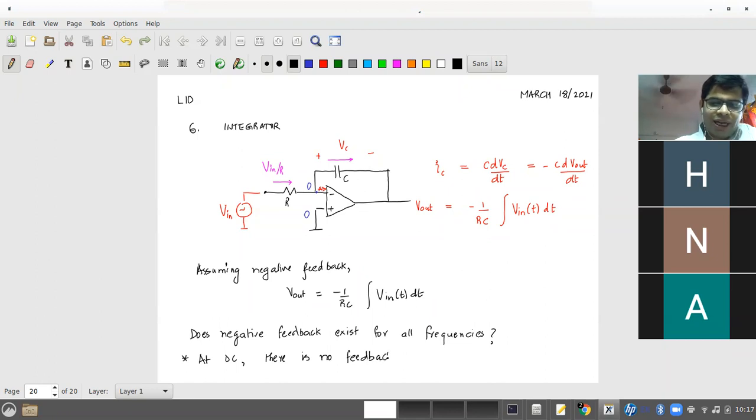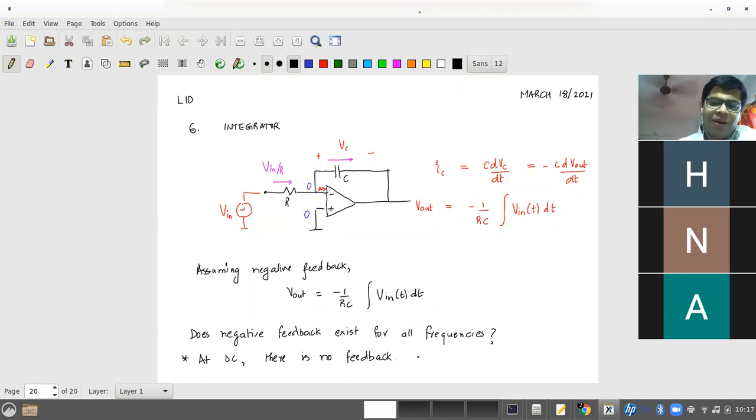What will happen to the circuit if there is no feedback? Infinite impedance of the capacitor. Resistance will be infinite. That is correct. But if there is no feedback, what would V out be?